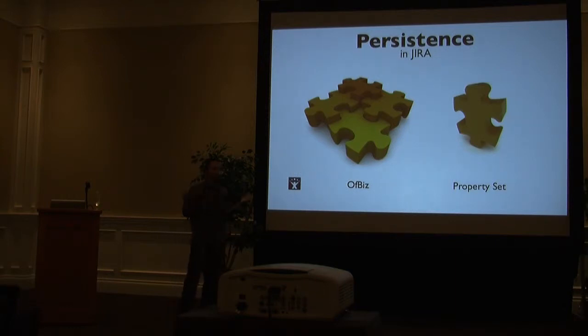You store a string, and it's up to you to make that string whatever you want. Which means that if you have a complex object model, you have to serialize that string with whatever technology suits you, and then it's stored by PropertySet in the database. Not quite ideal when you have a lot of data. Many developers tend to use XStream with that to serialize their data.